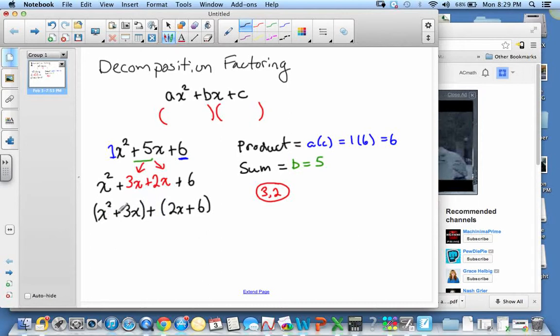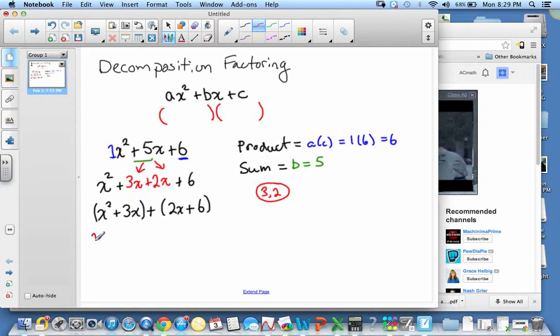If you wanted to, you could use your regular algebra techniques to simplify this, and you would get the same thing back. But when I group, I like to use brackets, so I'm going to. This is step 1. Decomposing is step 2. Grouping is step 3. Step 4 is common factor.